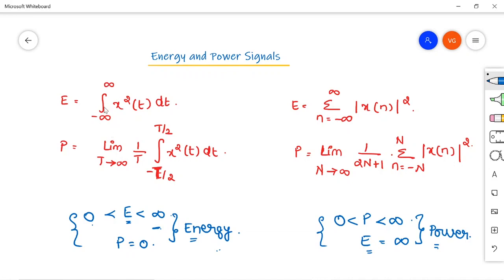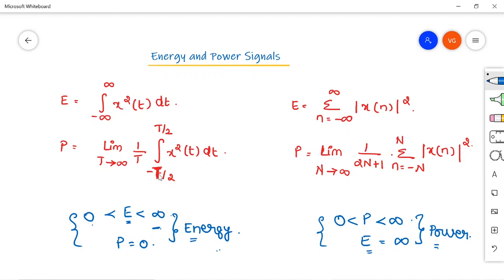If using this formula the energy is a finite number, then we can say the signal is an energy signal. Similarly, for a discrete time signal, it extends from minus infinity to infinity.